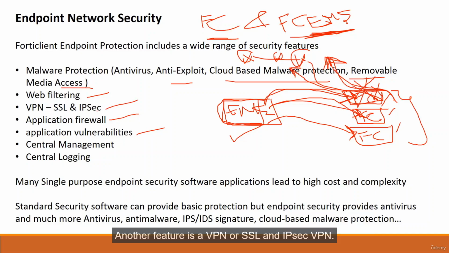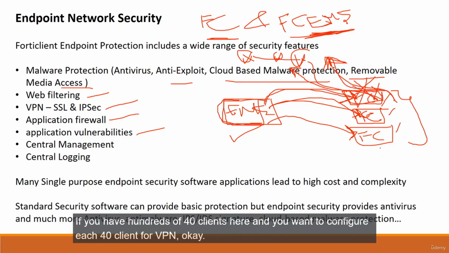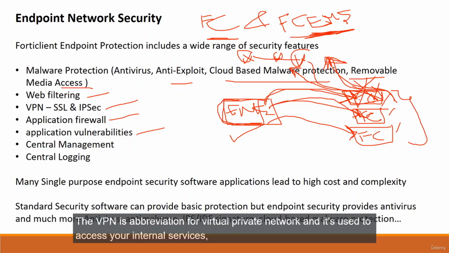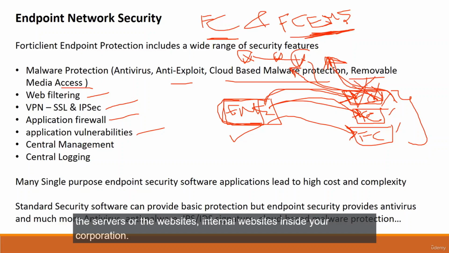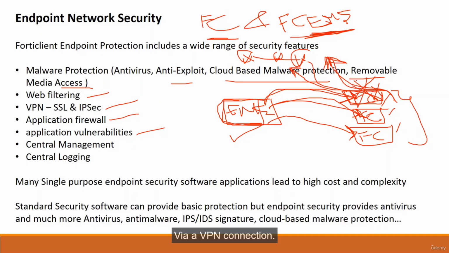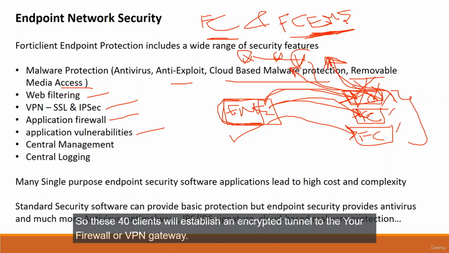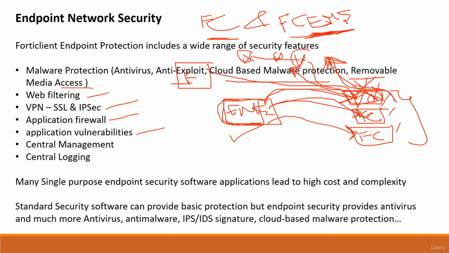Another feature is VPN, or SSL and IPsec VPN. If you have hundreds of Forticlients and you want to configure each Forticlient for VPN, VPN is an abbreviation for Virtual Private Network, and it's used to access your internal services, the servers or internal websites inside your corporation, via a VPN connection. So these Forticlients will establish an encrypted tunnel to your firewall or VPN gateway.